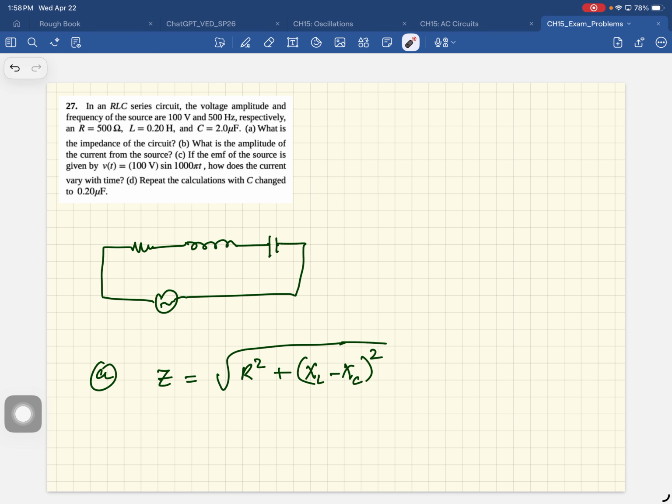Phi is tan inverse of (XL minus XC) over R. You found XL and XC.